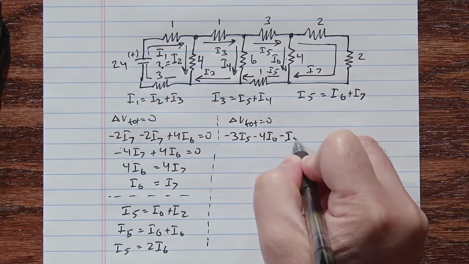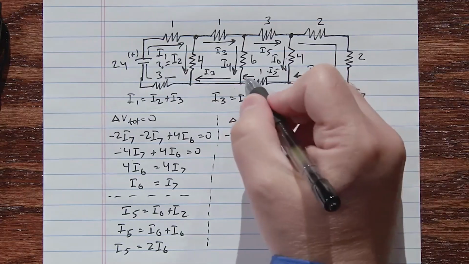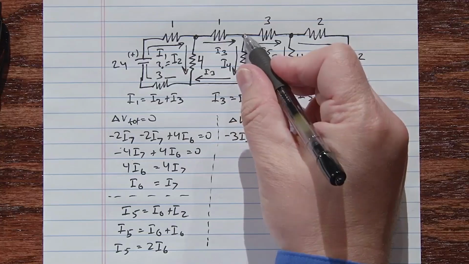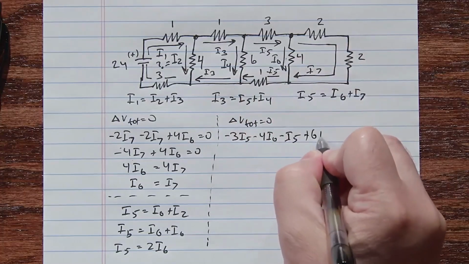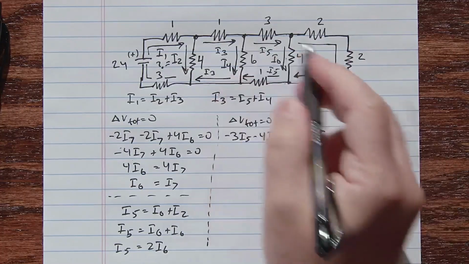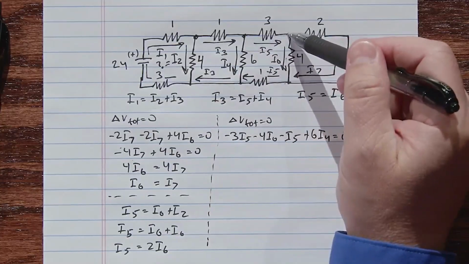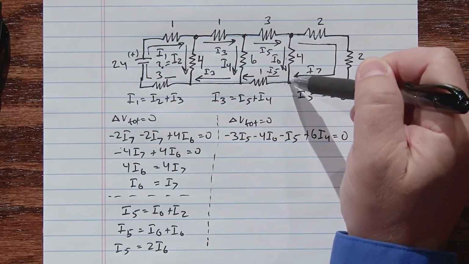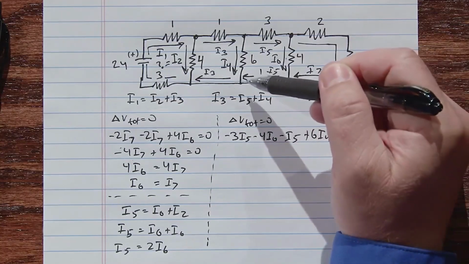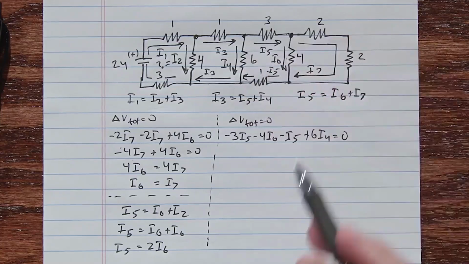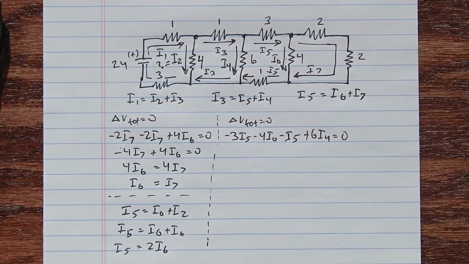I'm just going to write minus I5. And then plus 6I4. And I'm back where I started, so that equals 0. Let me double check that. Minus 3I5 minus 4I6 minus 1I5 plus 6I4 is equal to 0.